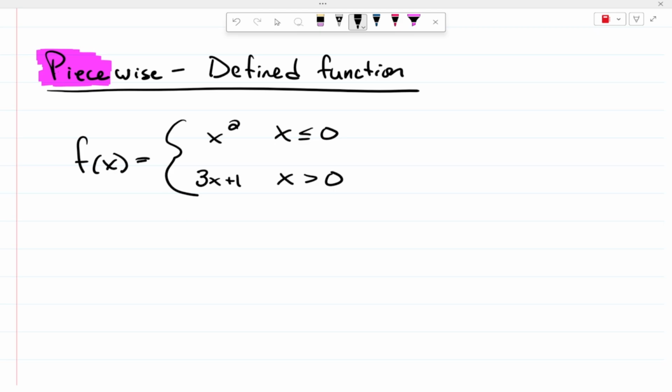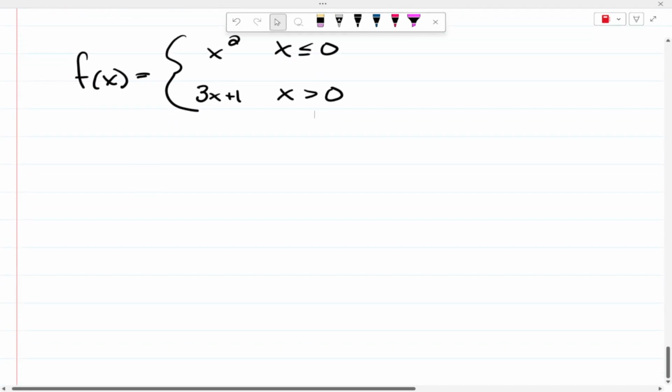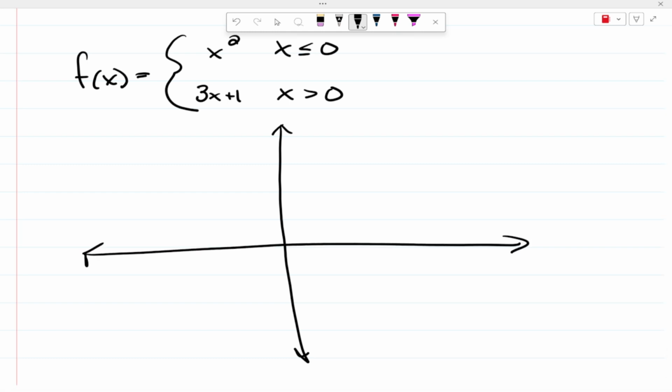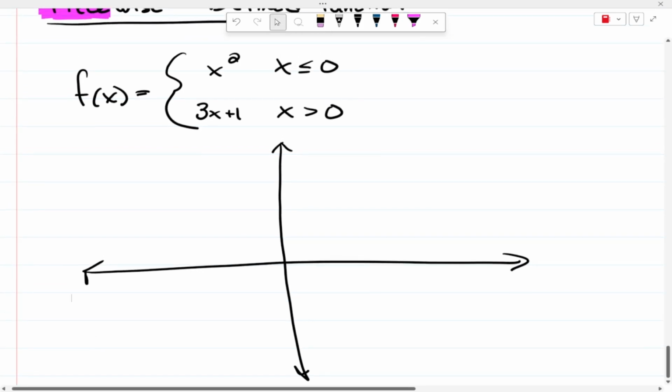So anyways, how do we graph a piecewise defined function? I think that's pretty important. So to graph this, it's very simple. You're going to graph this as if nothing happens, as if it's not even broken up into pieces. Please let me show you this first. So what I want you to do is just watch the screen.